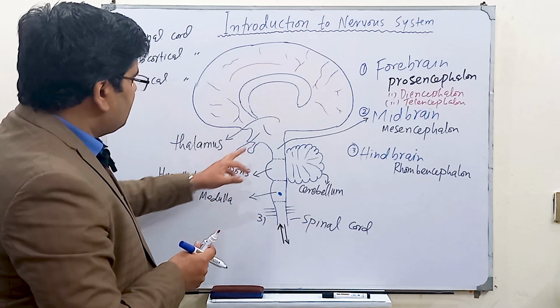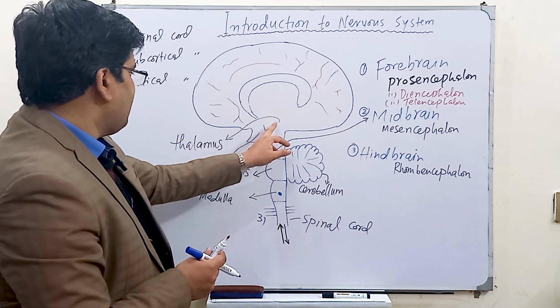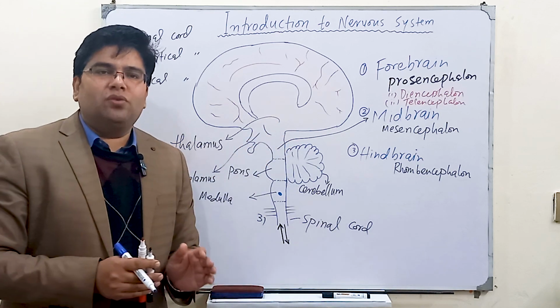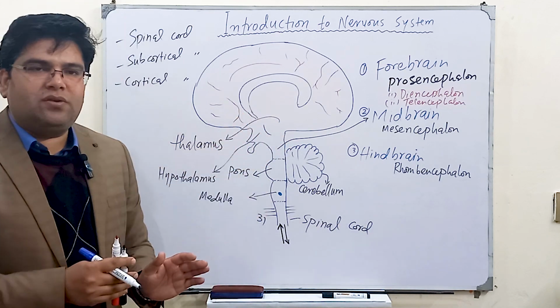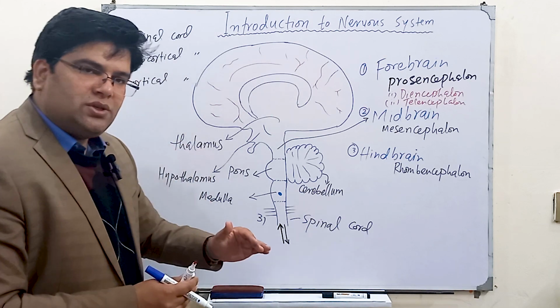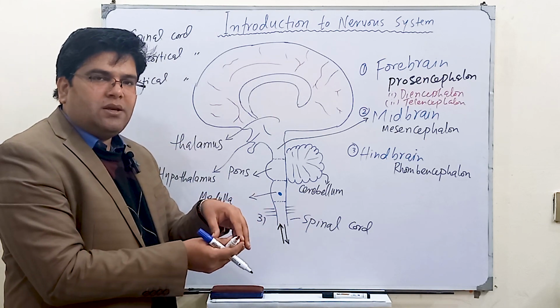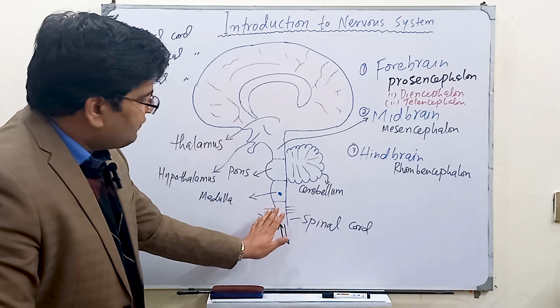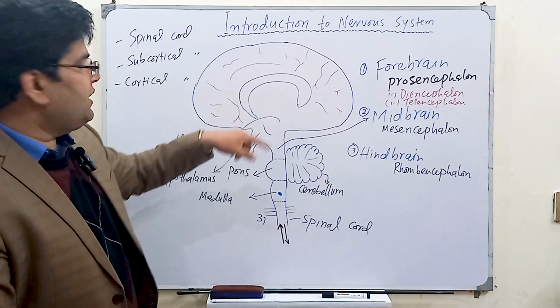If you talk about thalamus, thalamus is the most important relay station in our brain, and it has got nuclei on which the synapses or relays are made. So sensory information which is going from down upwards is relayed here in the thalamus.